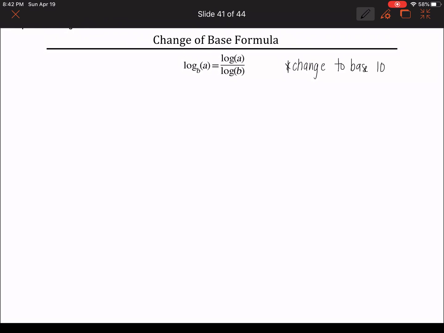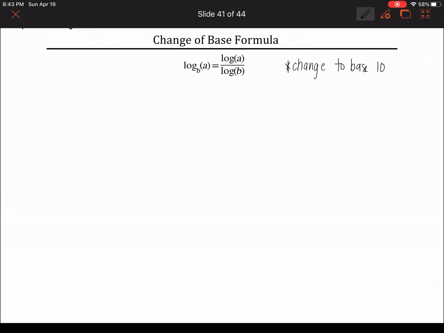Because if you hit the log button on your calculator, unless you have a Casio, but if you're using the TIs in my classroom, it's automatically going to do a base 10. That's the only base that these TIs can calculate, unless you have a TI 84 color edition.